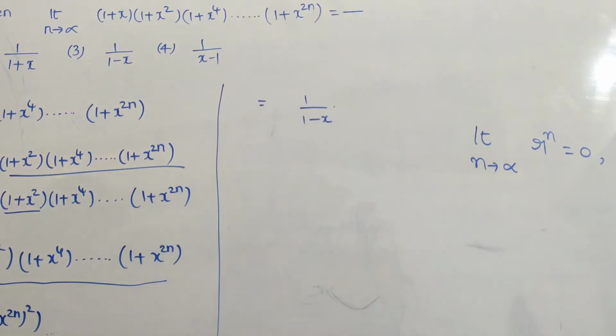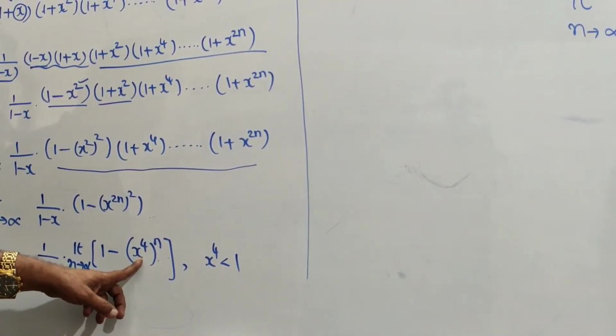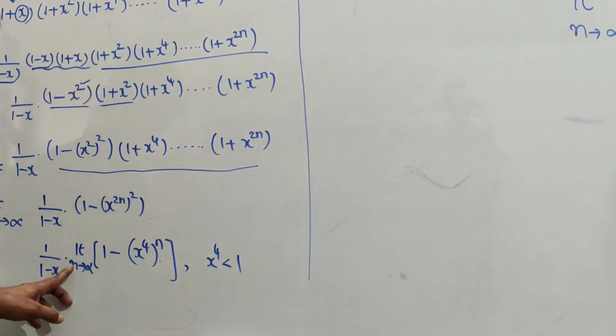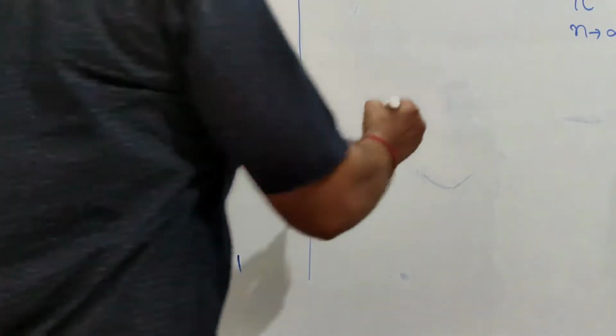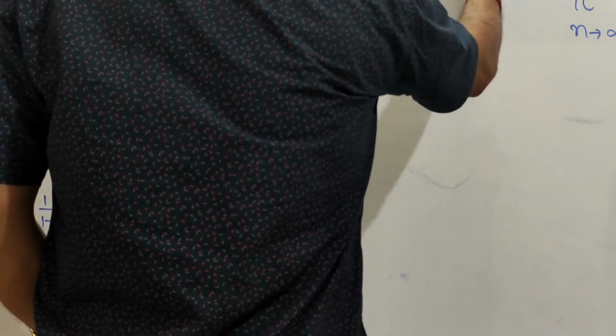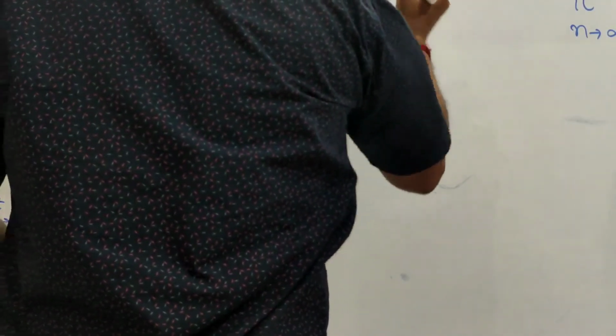So this value x to the power of 4 is also less than 1, likewise r to the power of n when n tends to infinity. So therefore, the bracket is 1 minus 0, that is equal to 1 by 1 minus x.